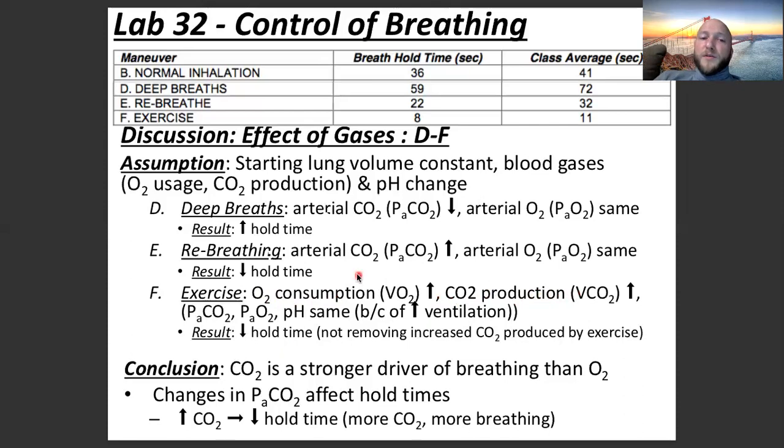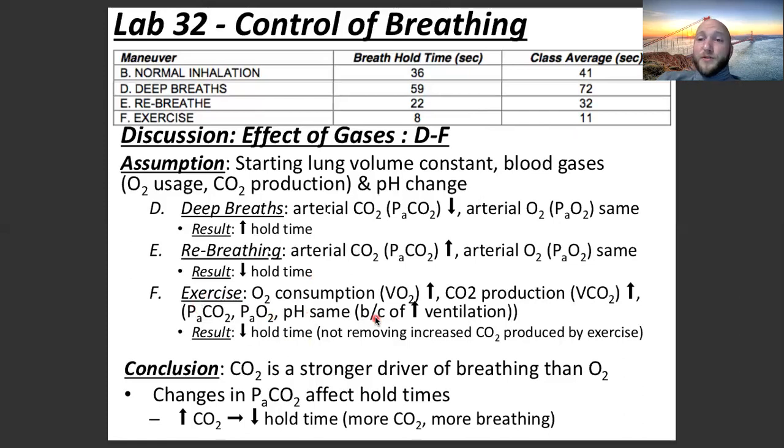Remember, you consume O2 to create energy, you produce CO2 to create energy. And CO2 affects pH because it's acidic. So with exercise, the ability to hold your breath is really, really low. So exercise actually doesn't tell us too much about this.